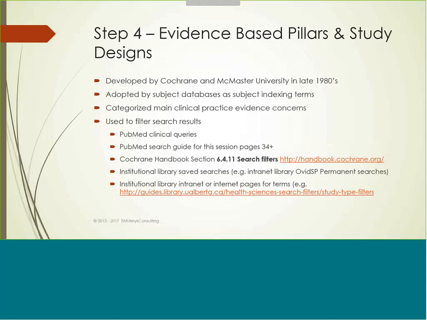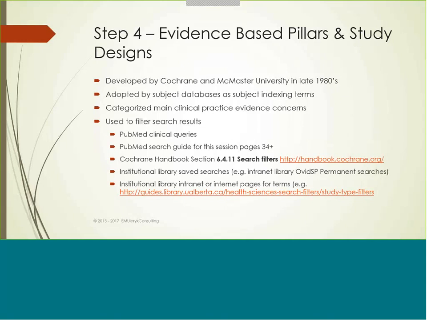Of course, there's the Cochrane Handbook, again, primarily therapy related, but the search filters, and I've given you the reference on the slide. But something that you should investigate if you haven't already is that various institutions, be they universities or hospital libraries, have actually saved these search terms as saved searches on the search platforms.